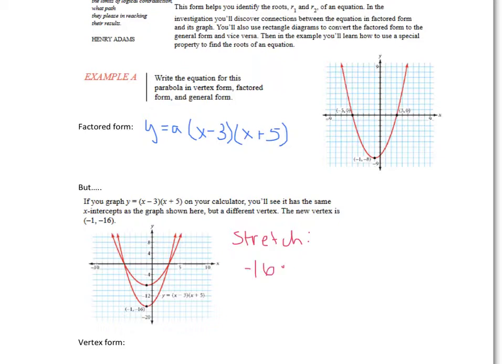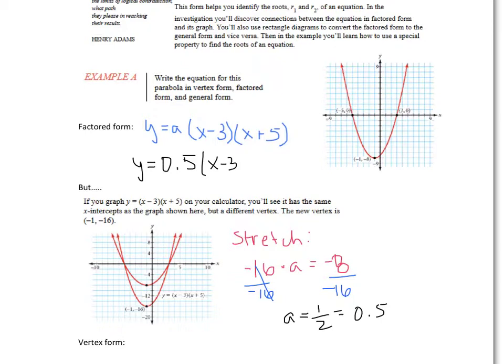So -16 times whatever our stretch value is will give us -8. Okay? And then solving for a, we divide by -16, divide by -16, and we get an a value of, simplifying -8 divided by -16, 1/2, which you can also write as 0.5. So our final equation then is y equals 0.5, or 1/2, times x minus 3 times x plus 5.